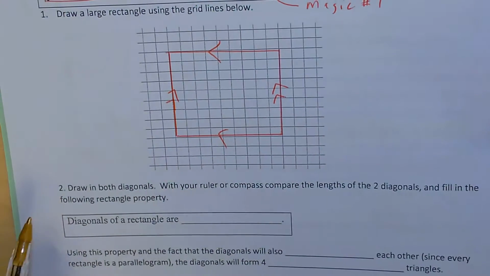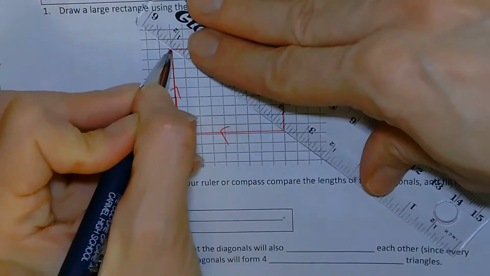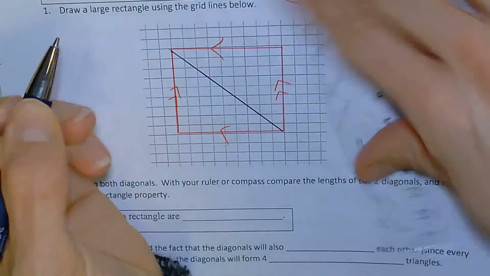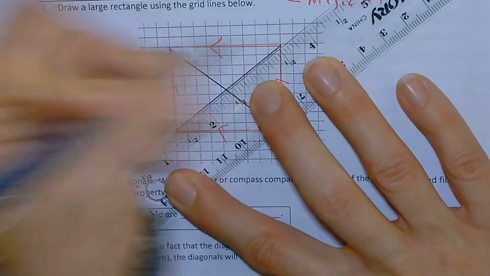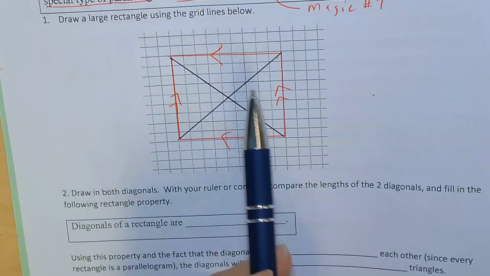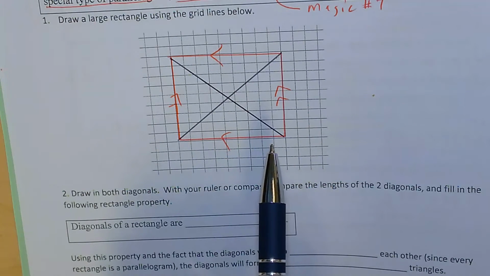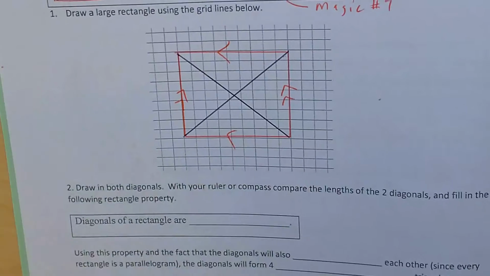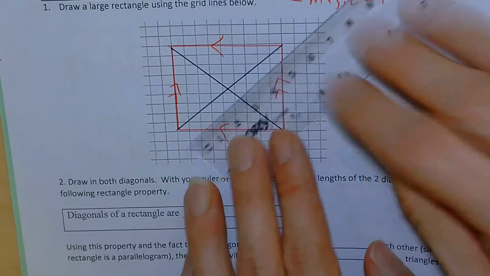Okay, so it says to draw in both diagonals. So let's take our straight edge, or you can just sketch them in. Sketch in your diagonals. Now we know that they bisect each other, because they did in a parallelogram, and a rectangle is a parallelogram. But there's something else about a rectangle's diagonals that's pretty cool. So if I look, then I can measure. I'm going to do this in centimeters.